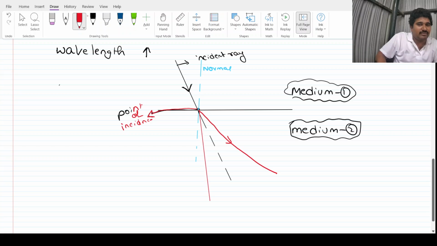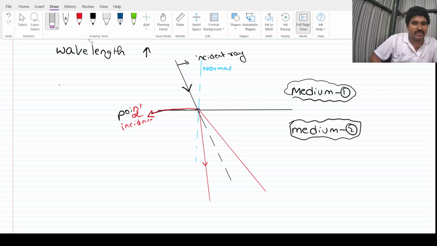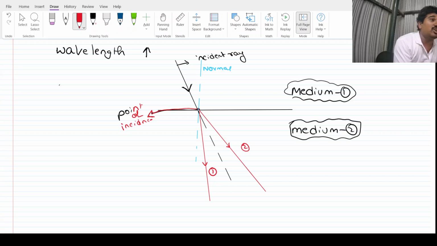There are two possibilities of deviation. How many possibilities of deviation are there? Two. The light ray can be moving this way, this way. Possibility 1, possibility 2. It will not go in the same path.